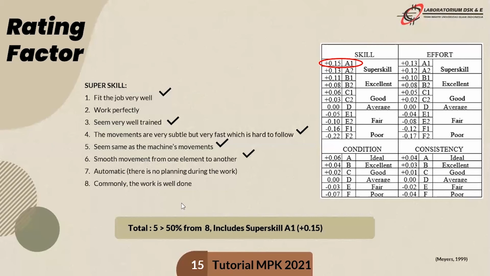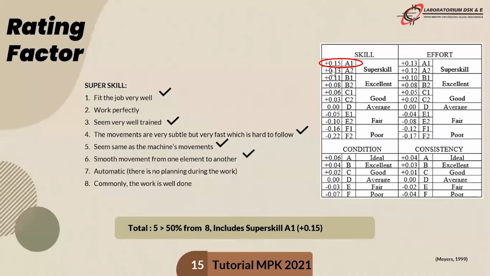If you count this description, there are 5 items. It means the worker's super skill is more than 50% of 8. It means that this worker is included in super skill A1, or plus 0.15.